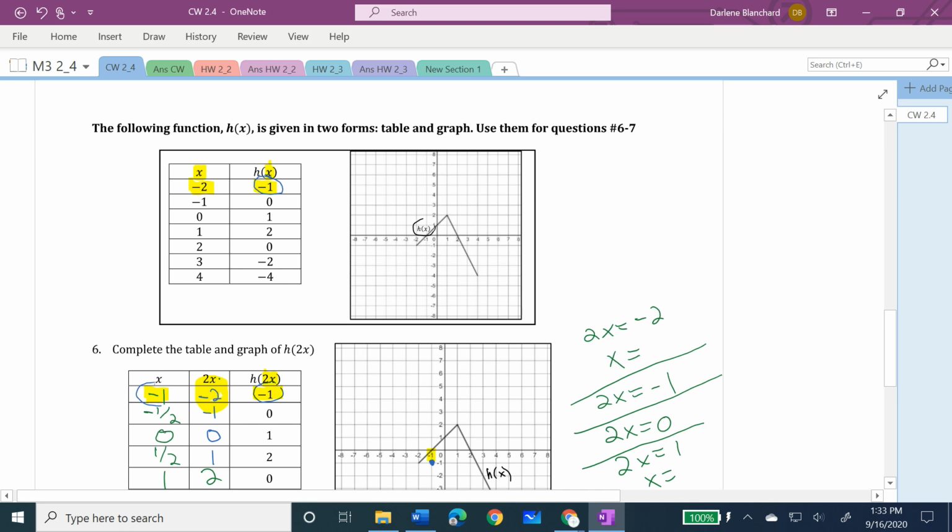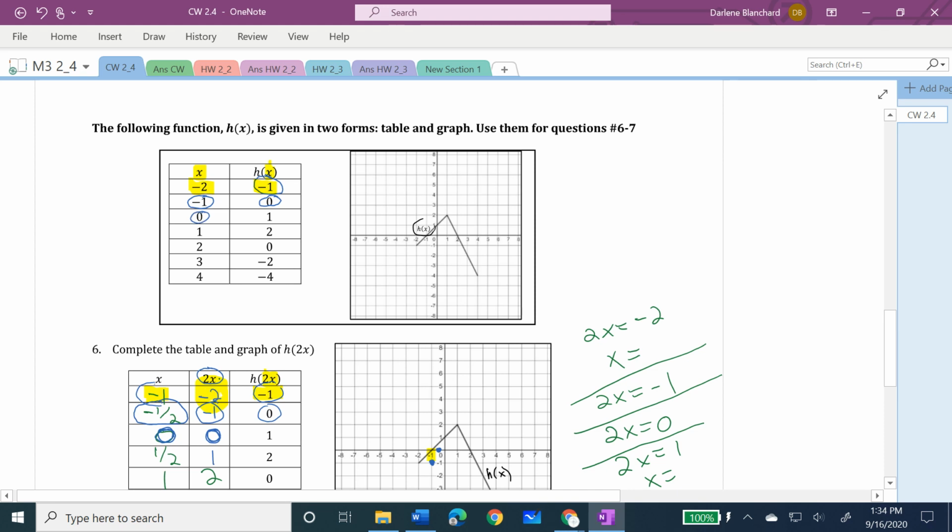Now, when x is -1/2, if I multiply that by 2, I get -1. Then if my input for h is -1, h will give me 0. That means for x coordinate -1/2, the y coordinate is 0. Now if I put in x coordinate 0, and I multiply that by 2, it's still 0.